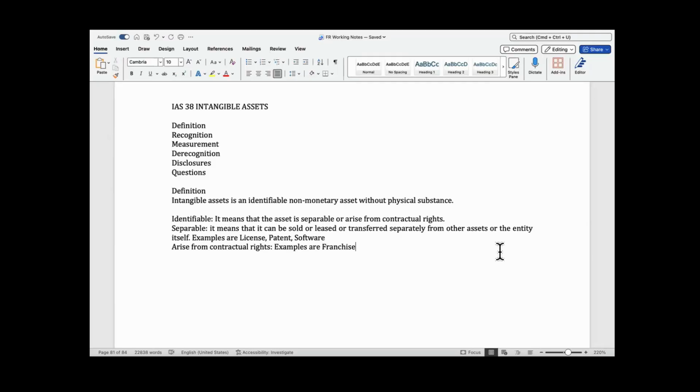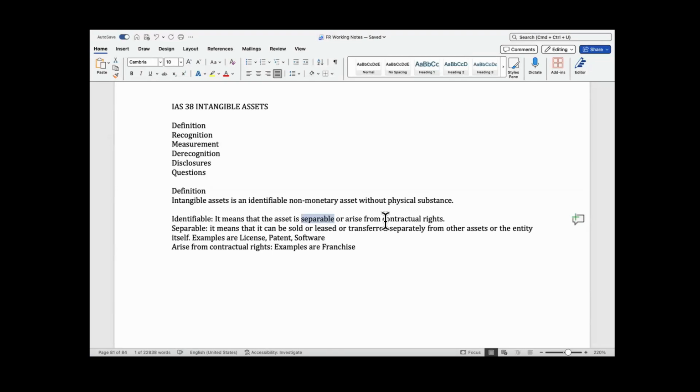So it's a franchise. It becomes an asset to you, but it's not separable. You cannot say you want to sell it to another person as well. No, you cannot. So that is why an intangible asset is identifiable. Being identifiable means that it either is separable, meaning an asset that you can sell, lease, or transfer separately from other assets, or arises from contractual rights.